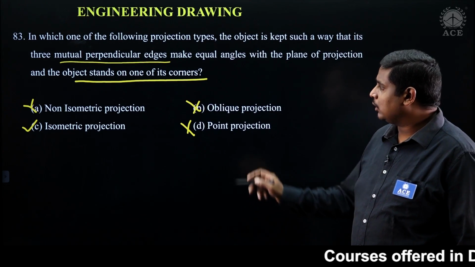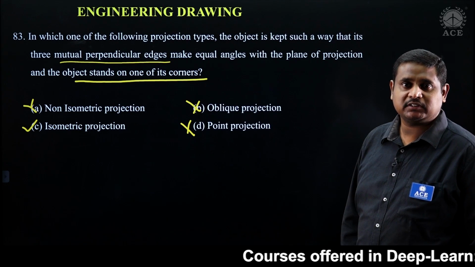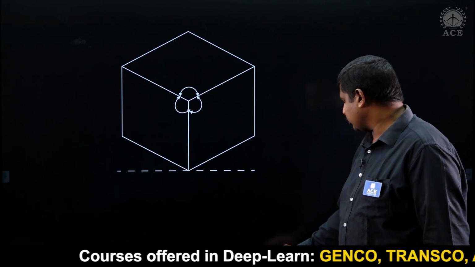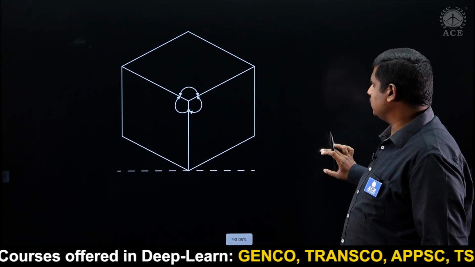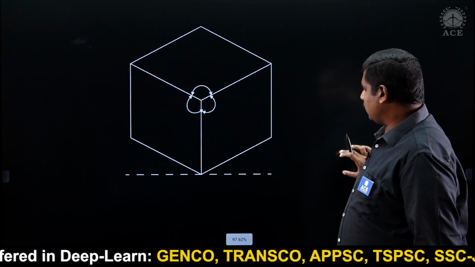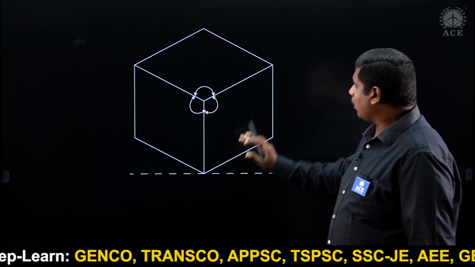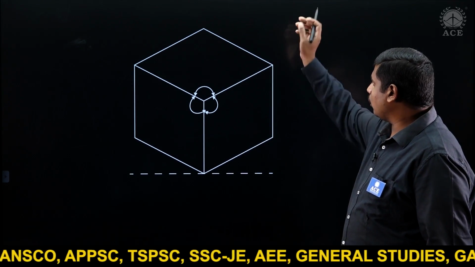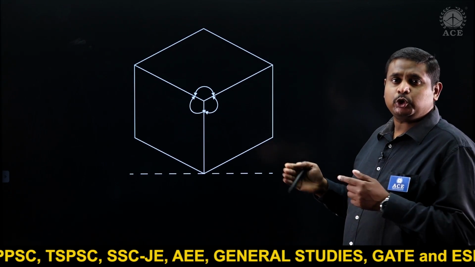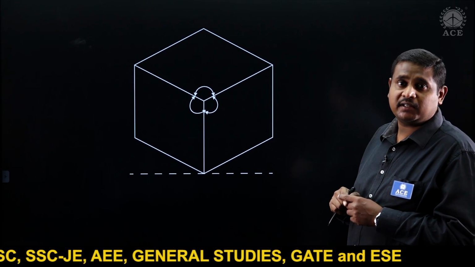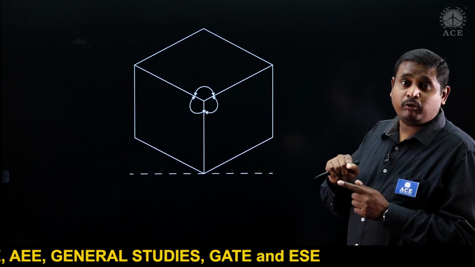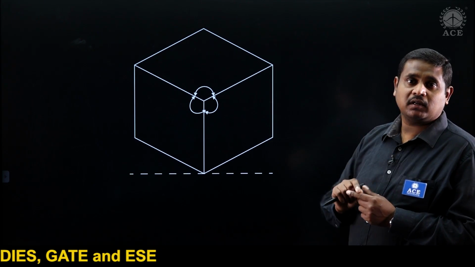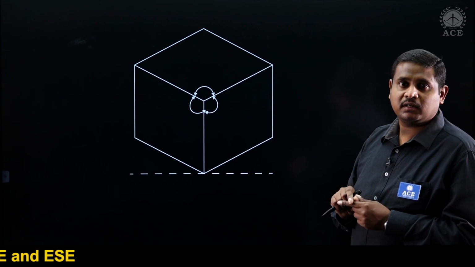Now let us see why option C, isometric projection, is the right one. Observe the screen carefully, my dears. In isometric projection, all the three axes or all the three edges are mutually perpendicular and at the same time make equal angles with respect to the plane of projection, I mean POP. Clear, my dears?